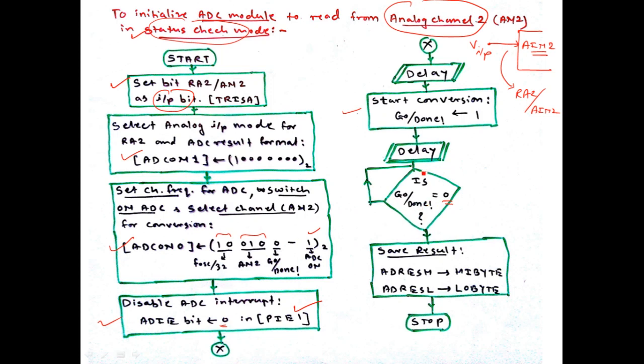As soon as it goes back to 0, the result will be available in the result registers, ADC result higher and ADC result lower, and you can save those results. That result may be in the memory. So that is how you can follow the steps to operate your ADC module.